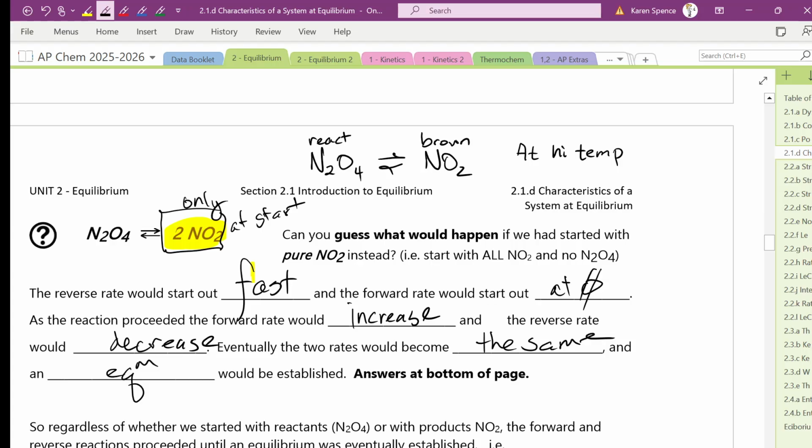At high temperature, here, I'll put this in high temperature again. At high temperature, do we favor reactants or products? Products. And I'm just going to put P for products. At low temperature, we favor reactants.